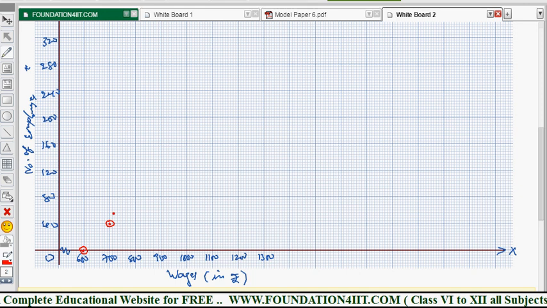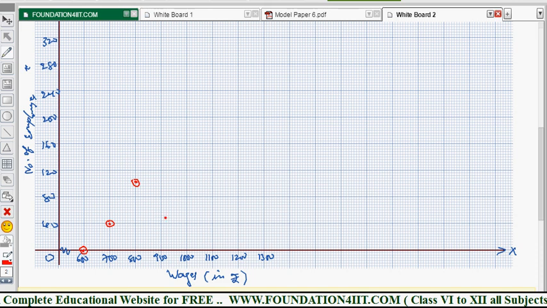And for 800 it is 108. If 1 centimeter is 40 units, then 1 millimeter we can take as 4 units.